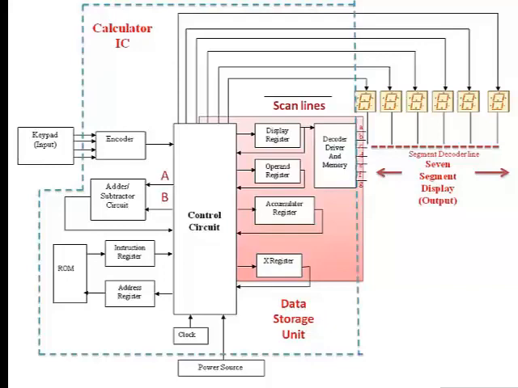You can see here there are 4 different register elements which we are going to use in the data storage unit, such as display register, operand register, accumulator register, and X register, which is also called extra register. The use of each register will be discussed in the further video.